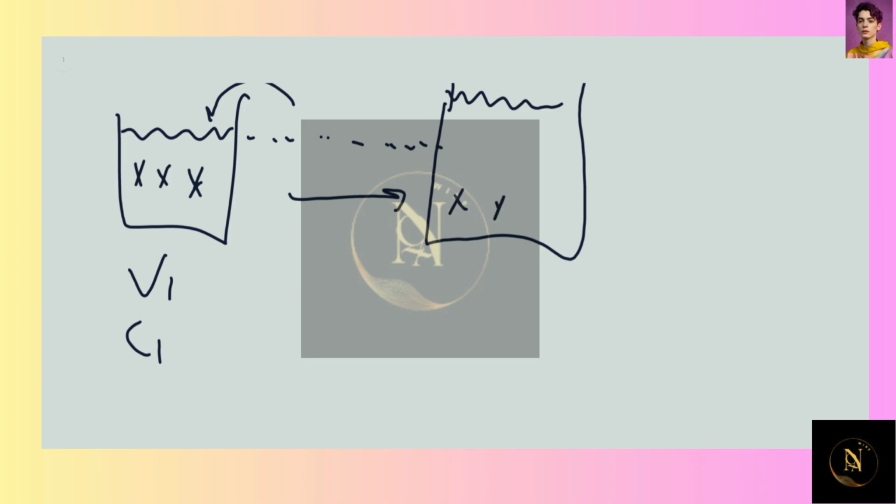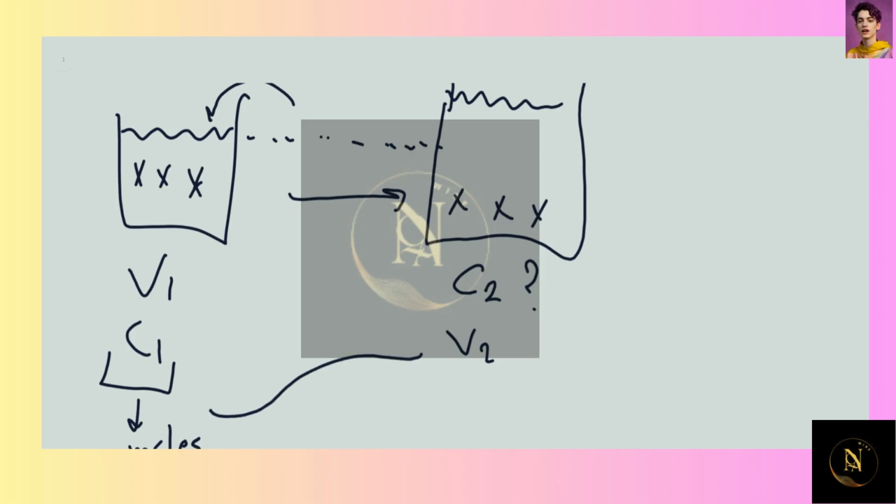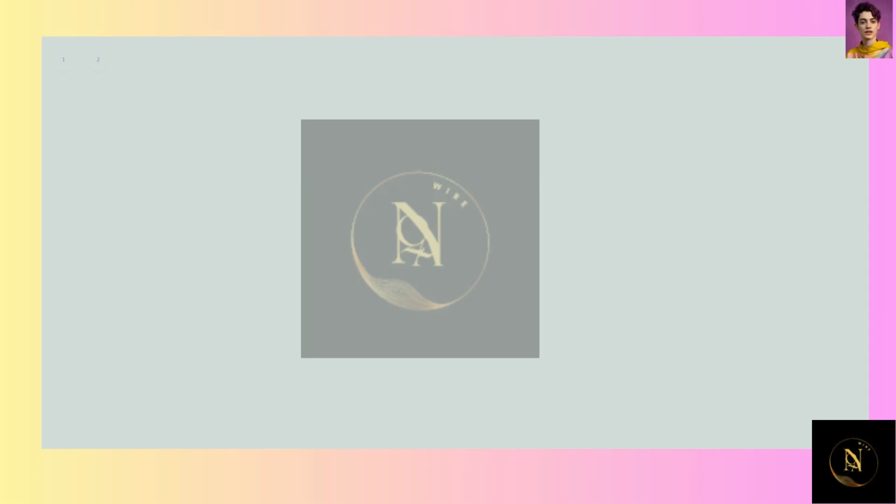However, the amount of my solute, or the number of moles, is the same. And I'm asked to determine C2, knowing V2. From here, I could determine the number of moles, and I could use that in order to determine C2.